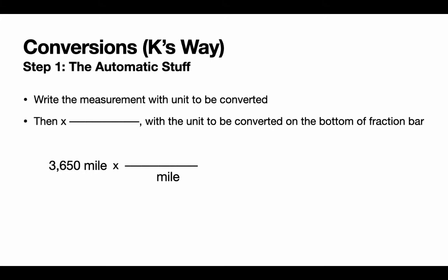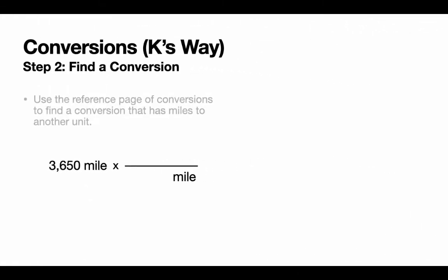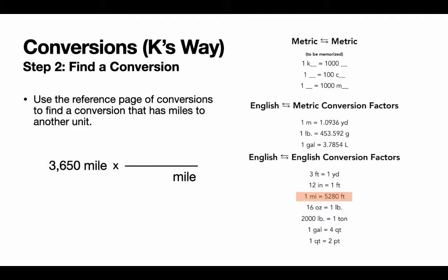Once you get to this point then, we need to find conversion factors. So you're going to reference your page of conversions and find a conversion factor that has miles to another unit. Now in our list of conversion factors that you must use, we only have one conversion that has miles, and it is converting it into feet.